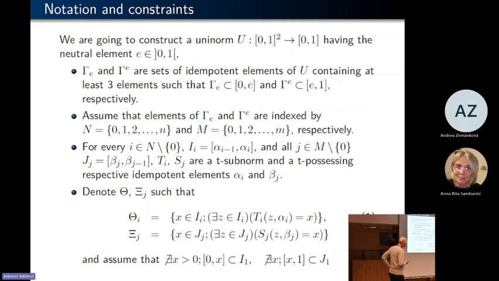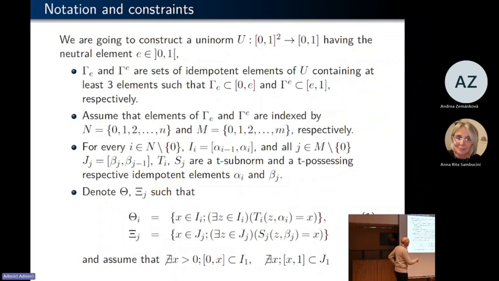And these sets are indexed by these two sets, N and M. This means this gamma sub e has n elements, and intervals between these idempotent elements, and the other set has m intervals between those idempotent elements.